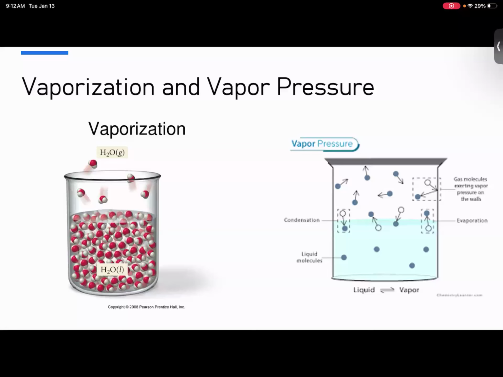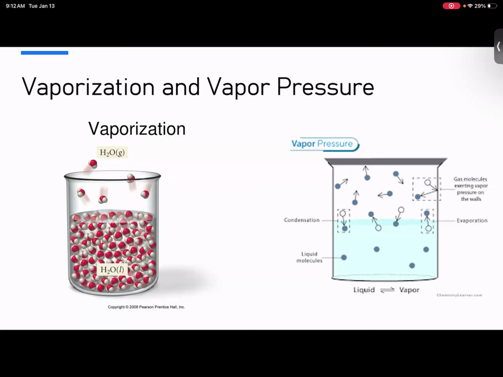What happens is some of these molecules in the liquid phase have sufficient energy to break free and go into the gas phase. These gas molecules move in every possible direction until they collide with a surface.